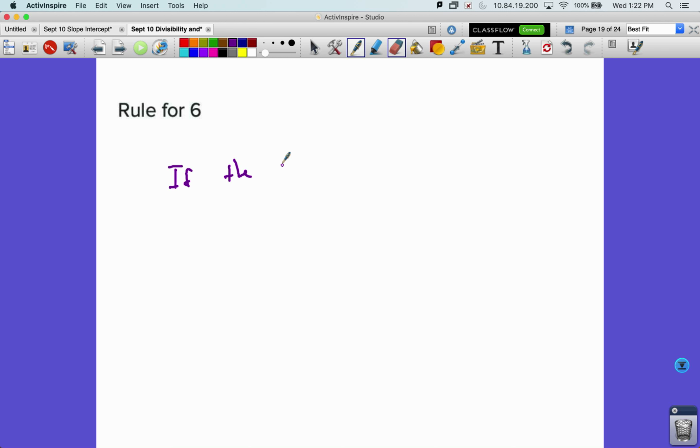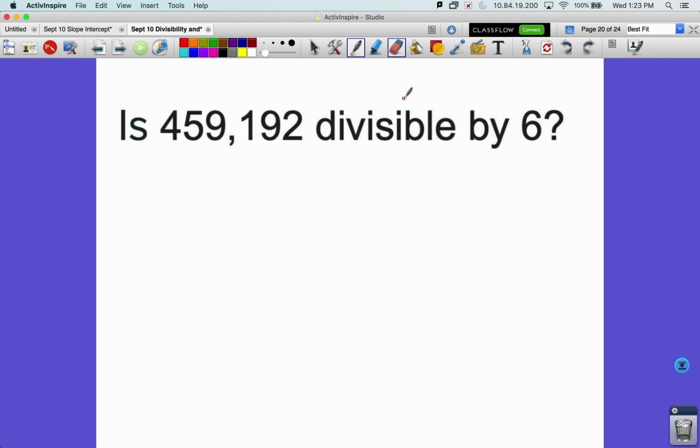So if the number is divisible by 2 and 3, then 6 automatically works. So use the rule for 2, which is check and see if it's even. Use the rule for 3, which is add up the digits. If it passes both, then it'll also be divisible by 6.